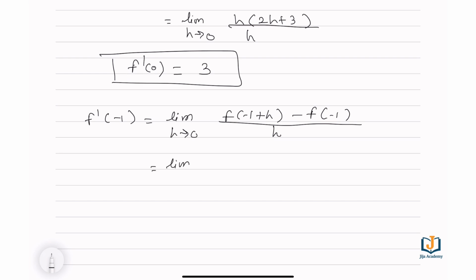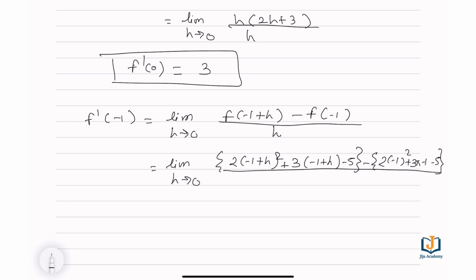So limit h tends to 0 2 into minus 1 plus h square plus 3 into minus 1 plus h minus 5 minus 2 into minus 1 square plus 3 into minus 1 minus 5 divided by h.